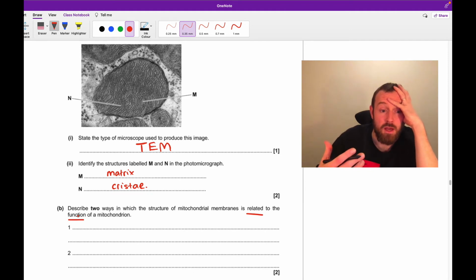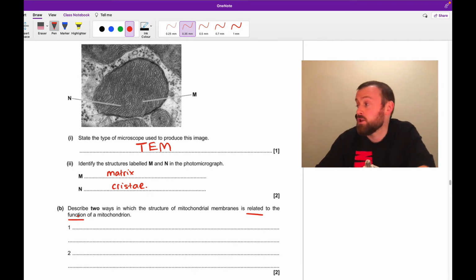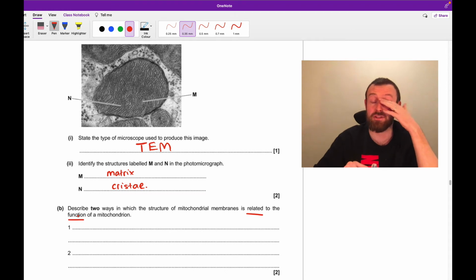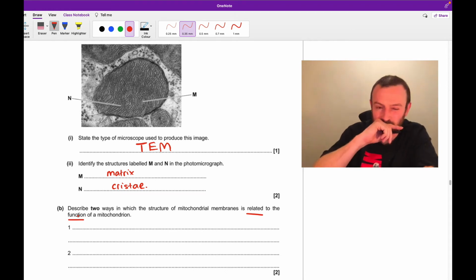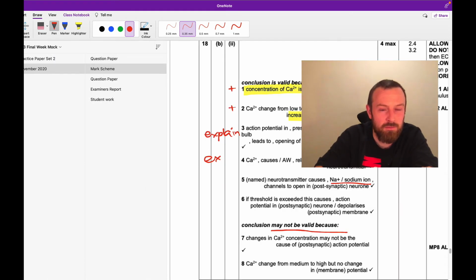So you say the cristae have a high surface area to contain many electron transport chain proteins. Okay, so that's covering you in case it's surface area they're looking for, or if it's electron transport chain. So they have a high surface area to contain lots of electron transport chain proteins, or you could say a high surface area for lots of ATP synthase molecules. And let's look at the mark scheme. I'm pretty sure that's what they want.